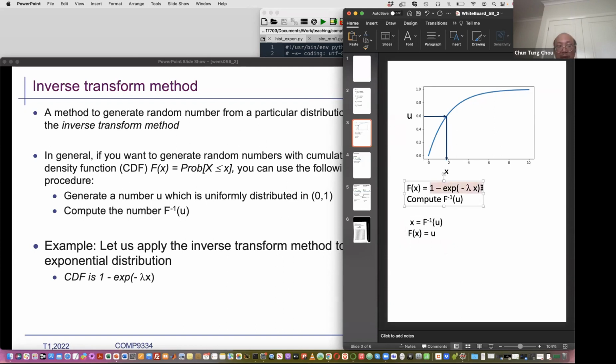Fx is 1 minus exponential of minus lambda x, and that should be the same as U. Then you can say the exponential of minus lambda x is 1 minus U. Now I will take log on both sides. So minus lambda x is log of 1 minus U.